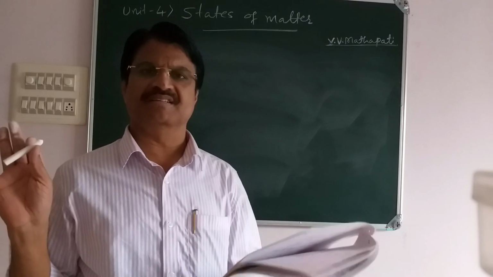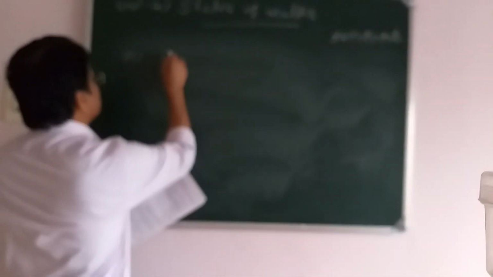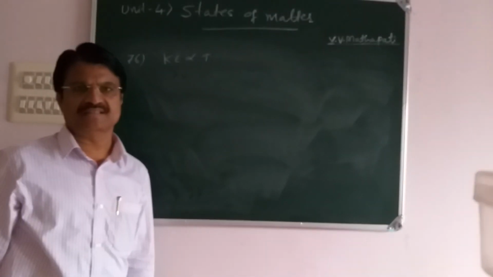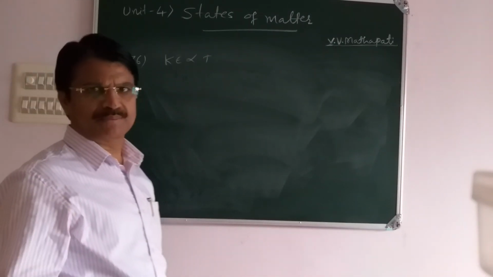They give 2 temperatures and kinetic energy. Again, same: KE proportional to T, or KE equal to 3 by 2 nRT.